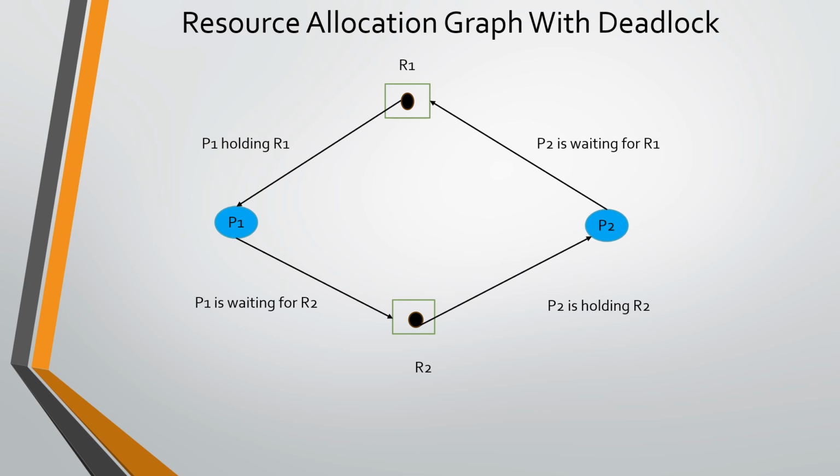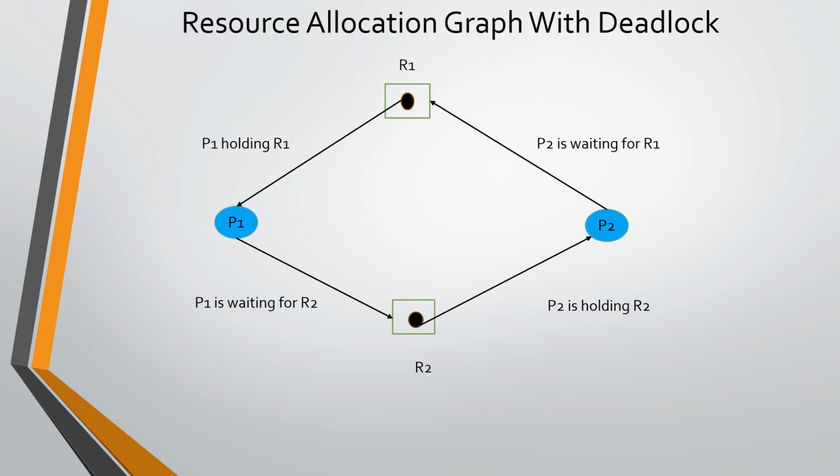Resource allocation graph with deadlock. If there is a cycle in the resource allocation graph and each resource in the cycle provides only one instance, then the processes will be in deadlock.